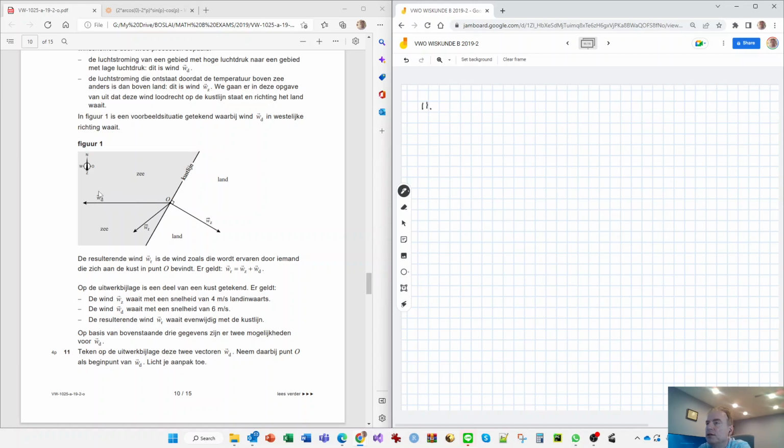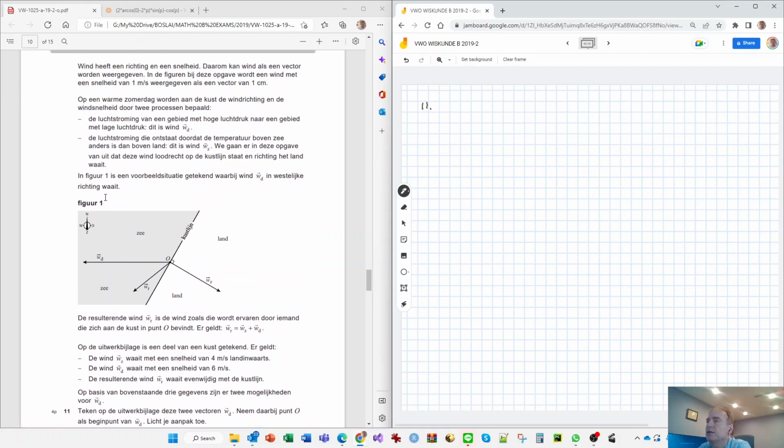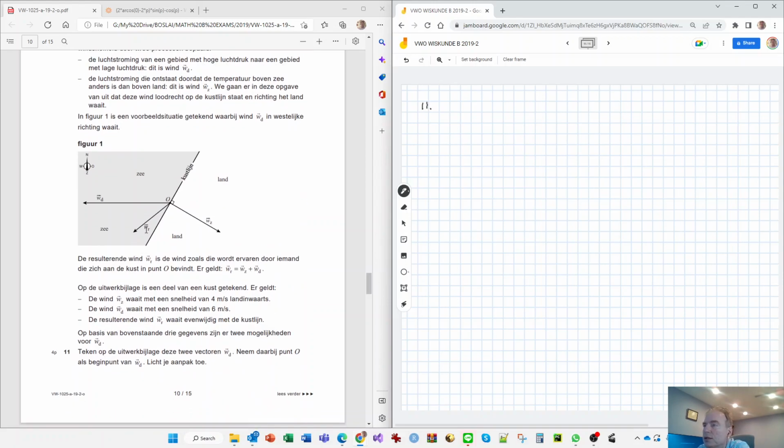Then there's a WD factor, which is the wind due to the air pressure differential between high and low pressure. And WR is the resultant, so that's the sum of these two.